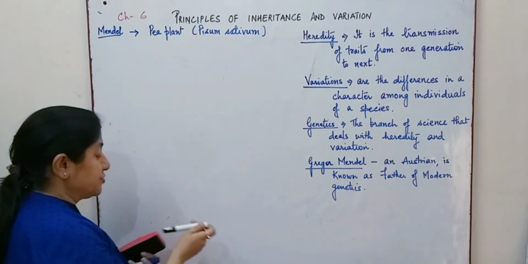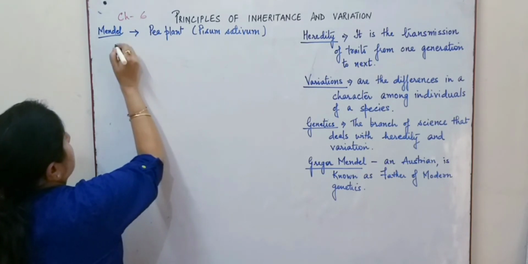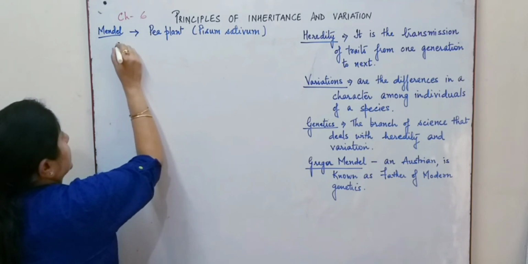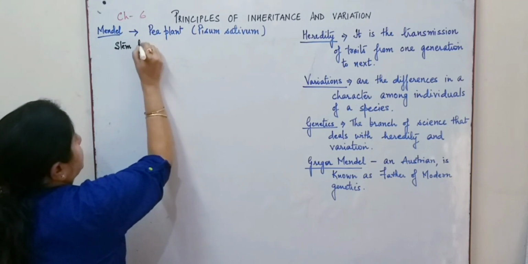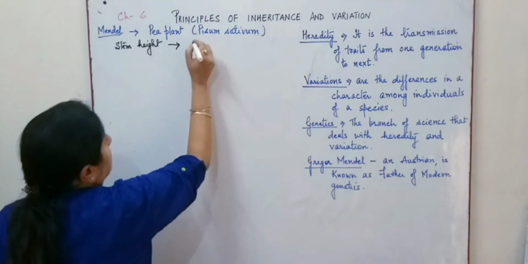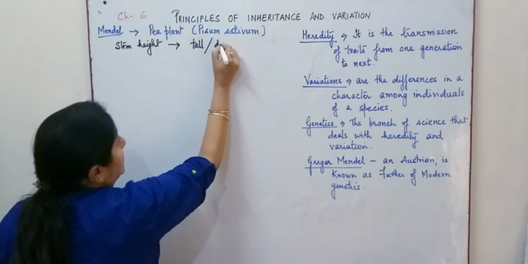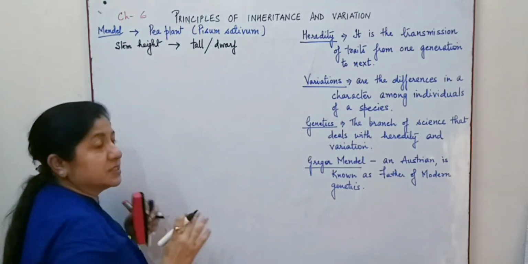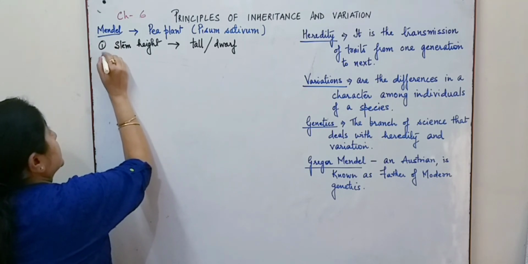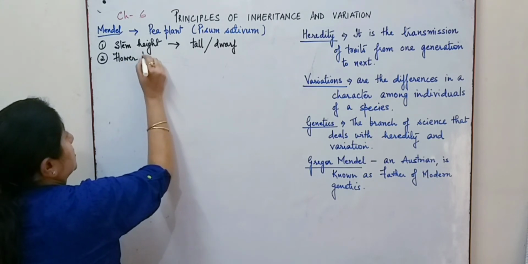Let us first understand the contrasting traits which were found by Mendel. First, regarding the stem height, he observed that the plants were very clearly either tall or dwarf. Then the second important factor he observed was the flower position.